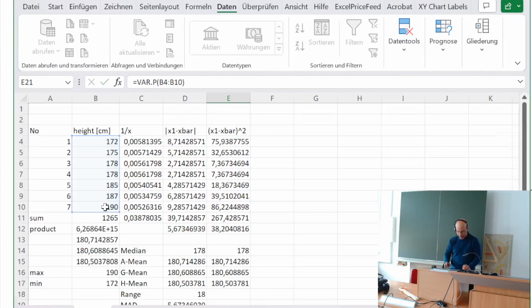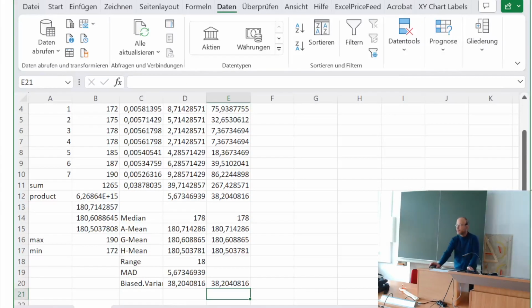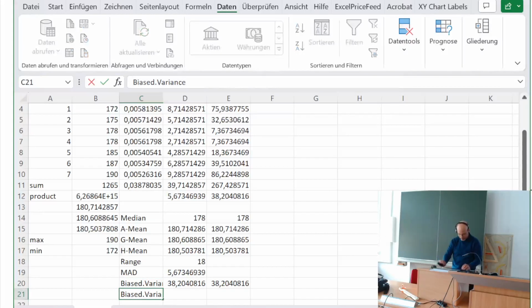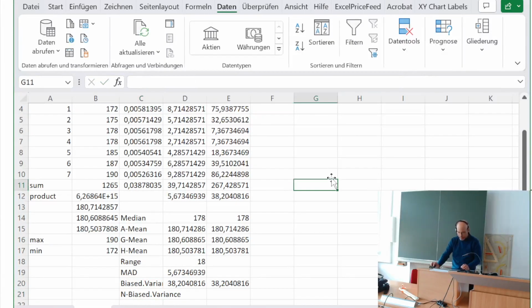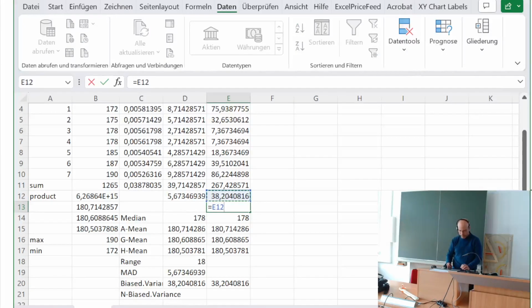Otherwise it's S. No, it's P, because the variance with S is the non-biased variance. And the non-biased variance is the same as the variance, squared distances, but now not divided by n, but divided by n minus 1. So 267 divided by 7 minus 1.